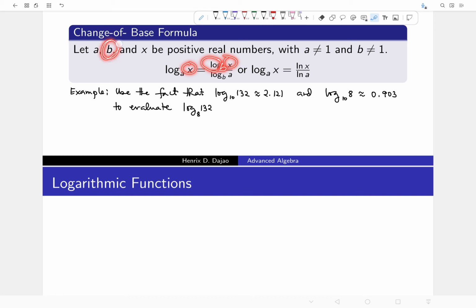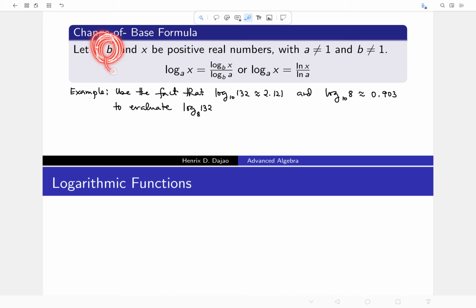Now you can choose any base b, as long as b is a positive real number and b is not equal to 1. As you can observe, on the left side, b is not there, but on the right side, b now becomes the base.